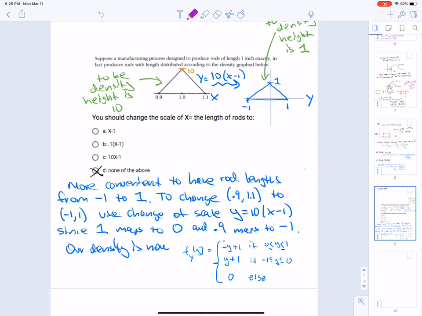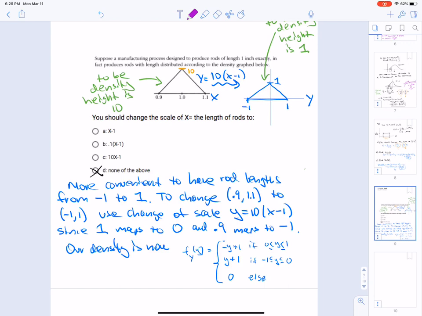And so to shift the interval 0.9 to 1.1 to -1 to 1, we shift x by 1, we translate, so we have x minus 1, which will move the 1 to 0, and it'll move the 0.9 to -0.1, and then we need to multiply it by 10 so that -0.1 becomes -1.